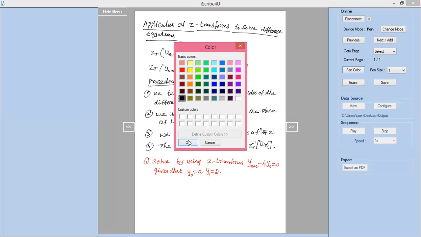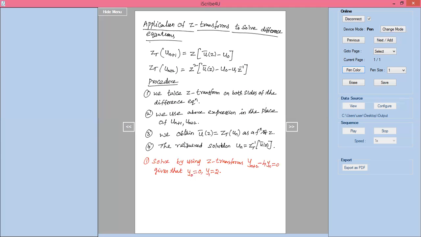Right. How do you simplify that? First, what is given we will write. So given y(n+2) minus 4 into yn equals 0, y of 0 equals 0, y1 equals 2.